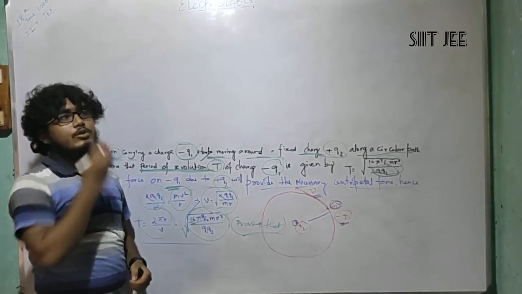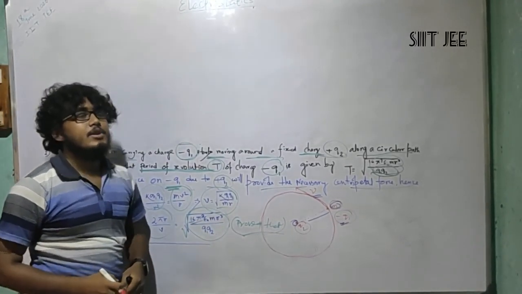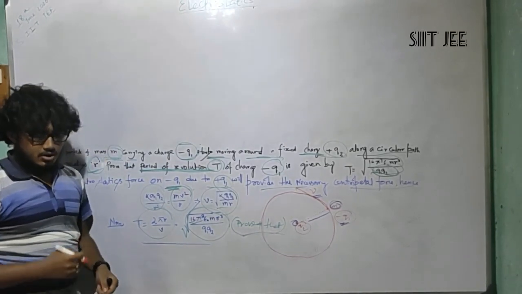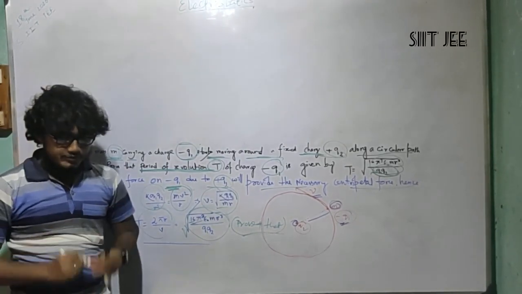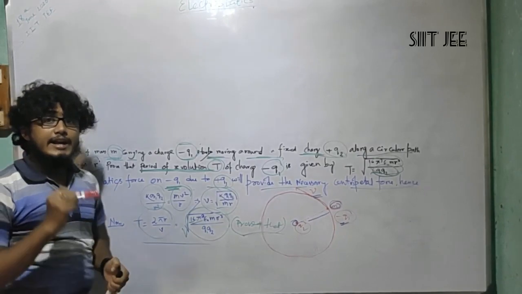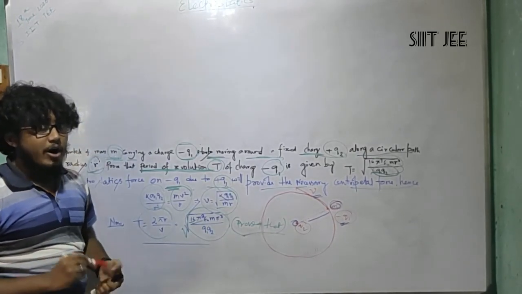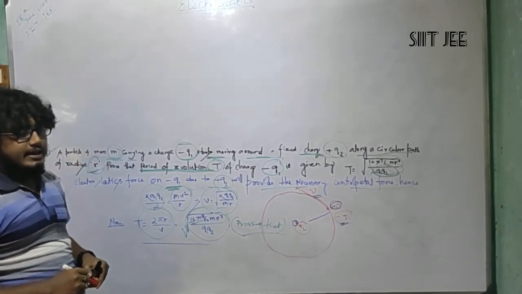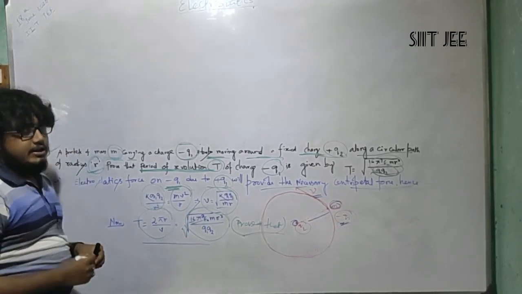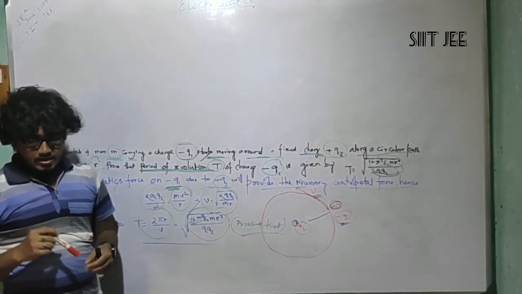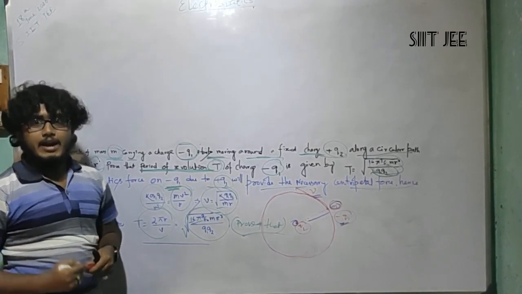Yesterday we know that electric field intensity represents the strength of the effect of a charge at a fixed point. Then E is equal to K Q divided by R square.